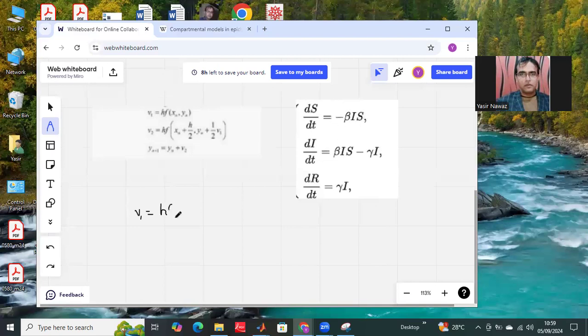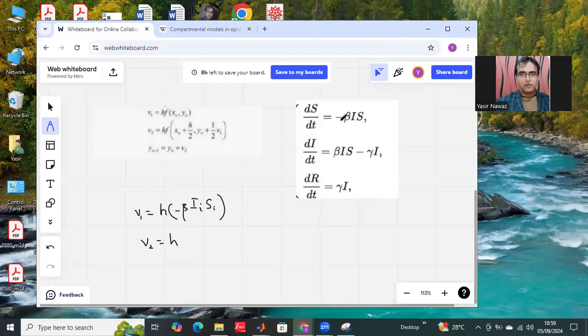It says it is evaluated at the nth grid point, or ith grid point. So I write minus beta I at i, S at i. And then V2 is H times the whole function.